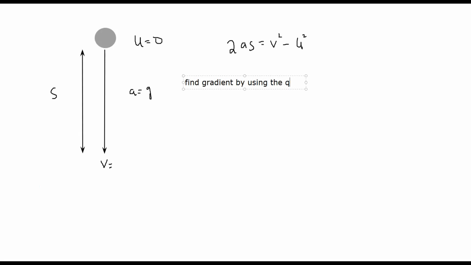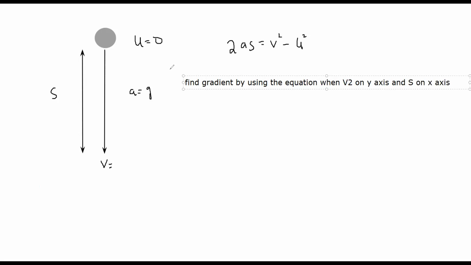For example, v² is on the y-axis and s is on the x-axis. So we have to find the gradient by using the equation.